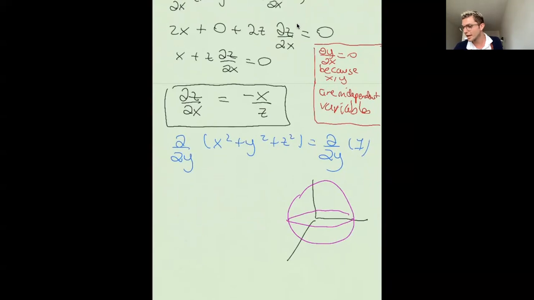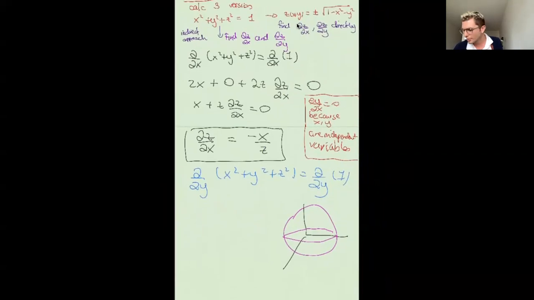When you think of z as a function of x and y, what that really means is that you take your favorite point x comma y, and that forces z to take a particular value, which is the square root of 1 minus x squared minus y squared. But you are free to have chosen the value of x that you wanted and the value of y that you wanted.